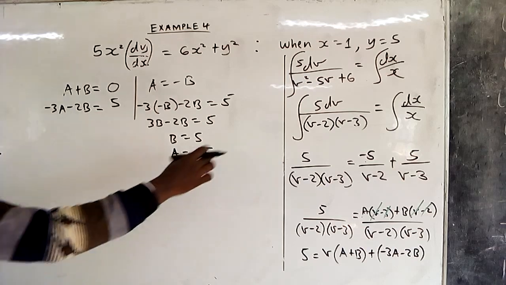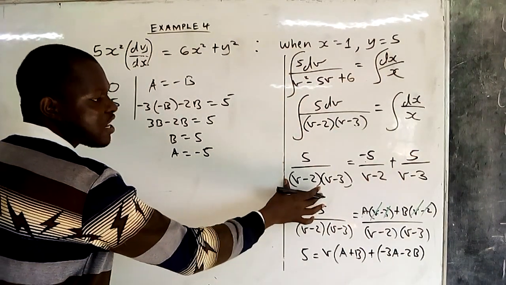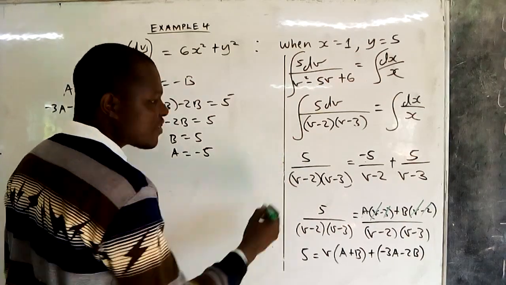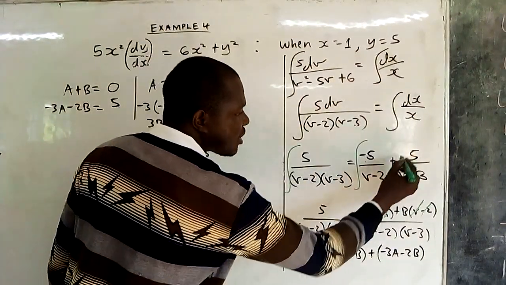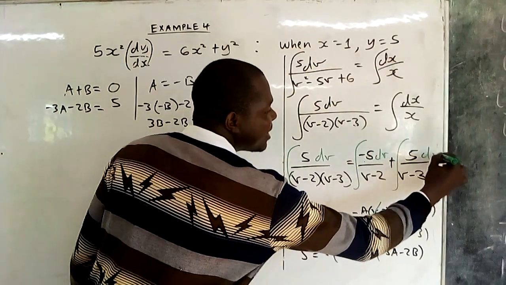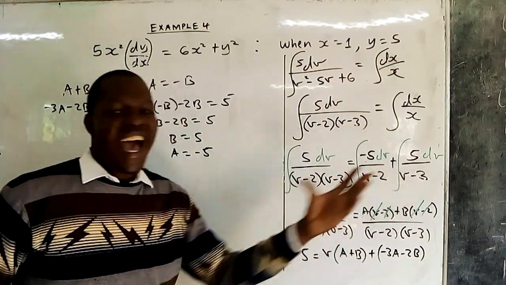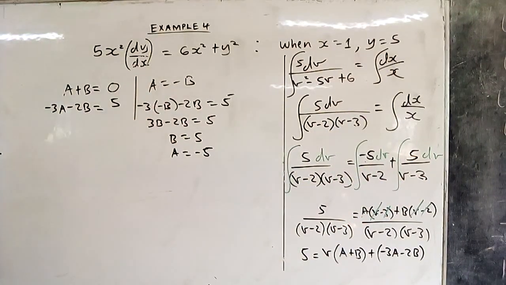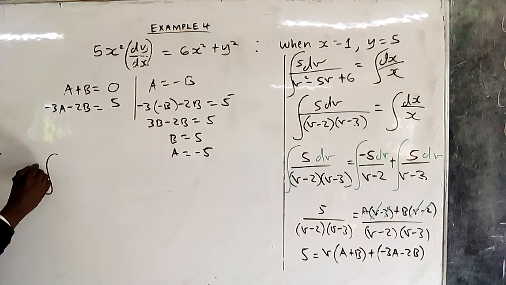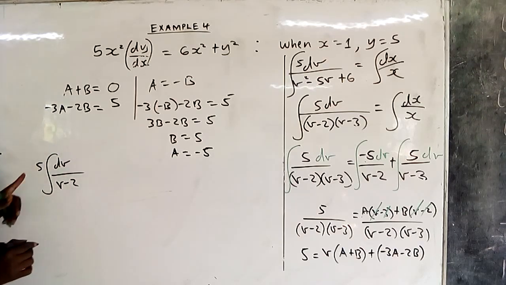Now you are integrating this, meaning this integral is the same as when you introduce integral here. Look at this. When you introduce integrals all through, then you introduce the dv, isn't it? So it means this integral of 5 dv over this is the same as that. Are you seeing? Yes. So we are going to have integral of 5 dv over v minus 2. 5 is a constant.